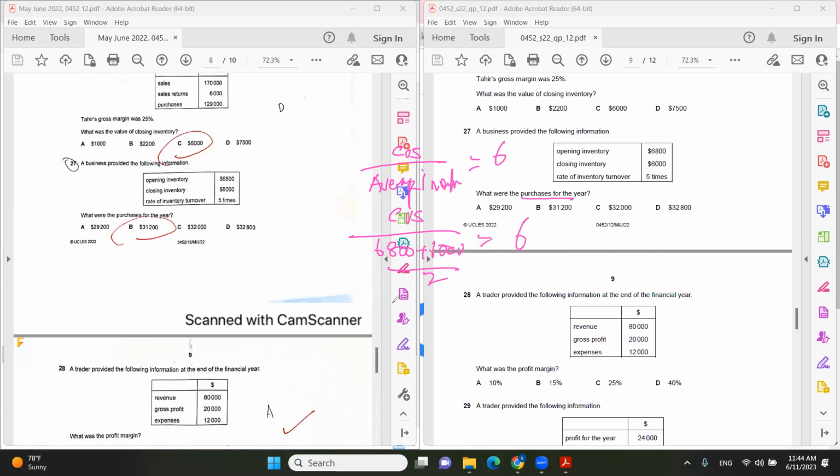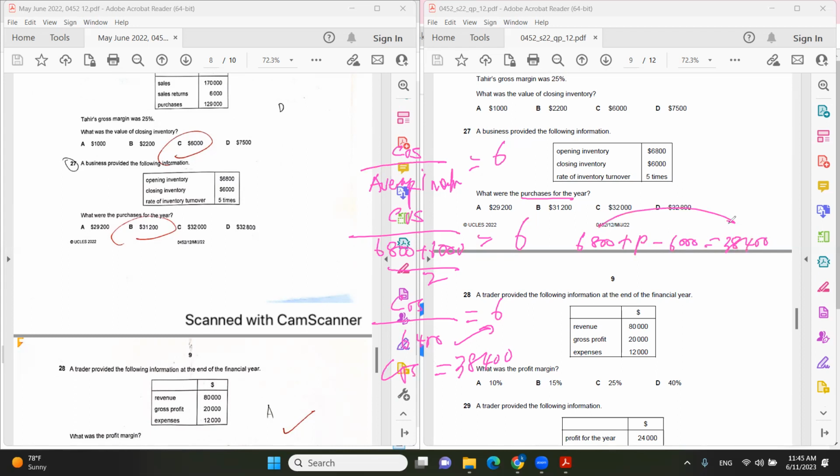So I get cost of sales divided by 6,800 plus 6,000 divided by 2. So I get this one 6400 equals 6. So my cost of sales equals this one go to there times 6, 38,400. So this is the cost of sales. So I take opening inventory 6,800 plus the purchases minus closing inventory equals 38400.